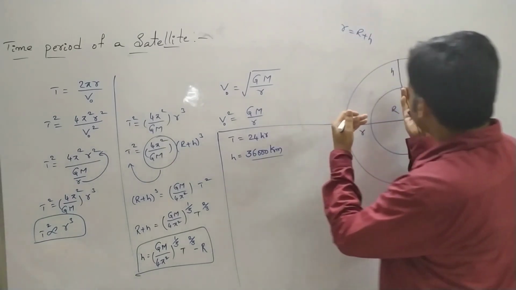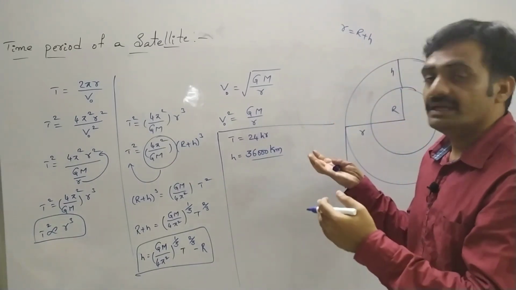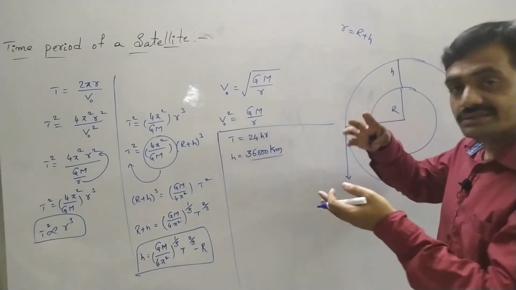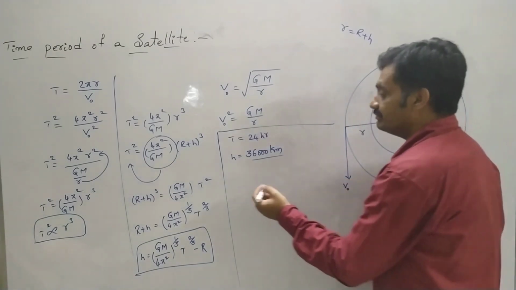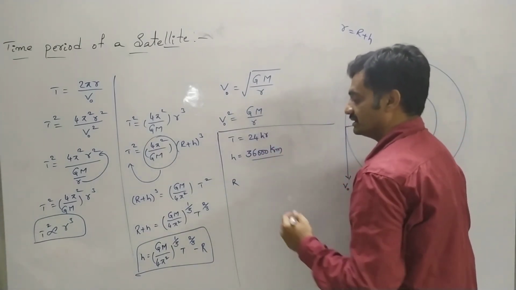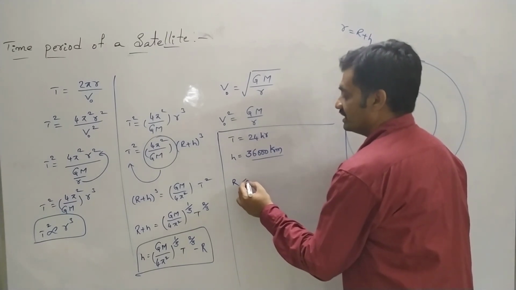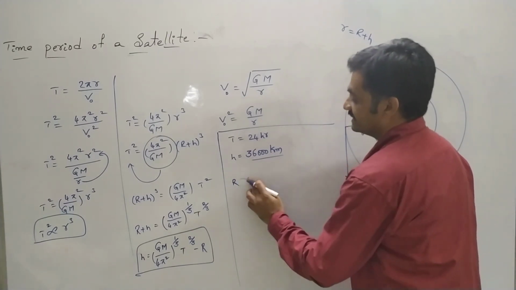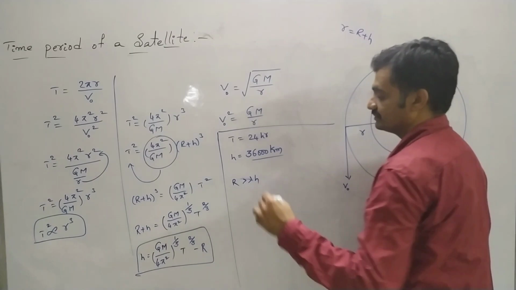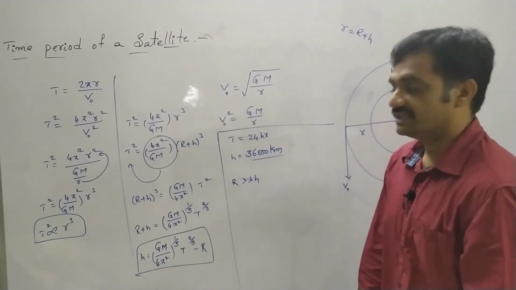And if we place the satellite very near to Earth, means as compared to the radius of the Earth, the height of the satellite is negligible.